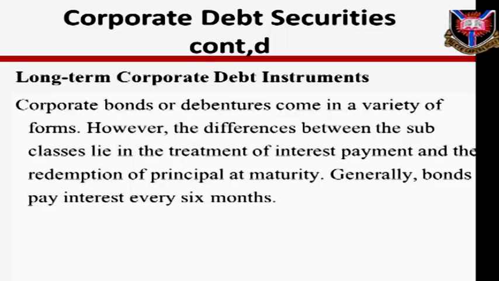Long-term corporate debt instruments. Corporate bonds or debentures come in a variety of forms. However, the differences between the subclasses lie in the treatment of interest payment and the redemption of principal at maturity. Generally, bonds pay interest every 6 months.